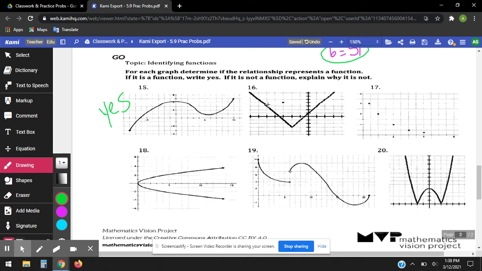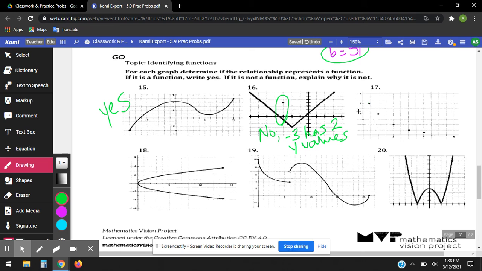So that works. 16, if I'm going along, oh, look, right here, I have 2 points. So this is no. Let's see, -3 has 2 y values.